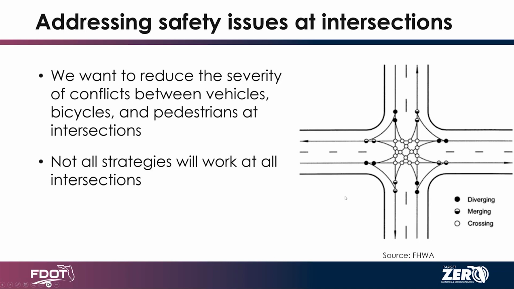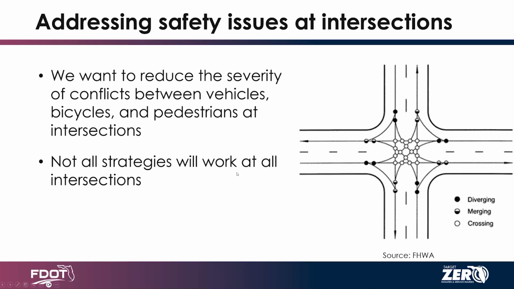And so this is a diagram of all of the different types of conflicts that are out there. As you're driving through the roadway, you have a diverging conflict as you're making a turning maneuver, making sure you're not, potentially, in a same direction sideswipe crash.